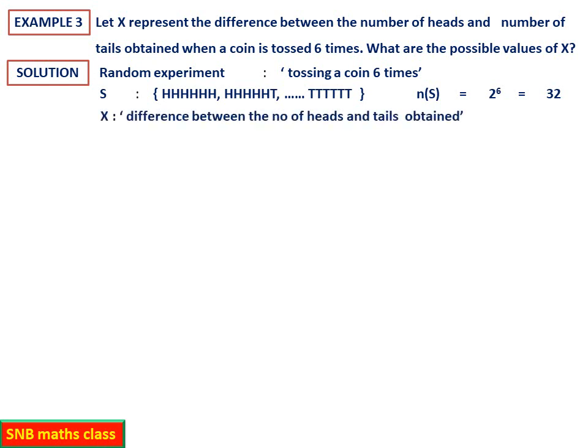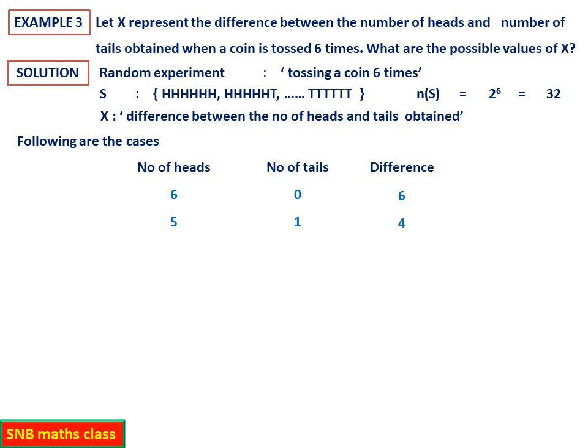Now the difference between the number of heads and tails obtained. So the difference, it is not first minus second, it is only the difference. So now following are the cases you can see. Let us list like this: number of heads, number of tails, and difference. See, 6 heads and 0 tails, so what is the difference? 6.